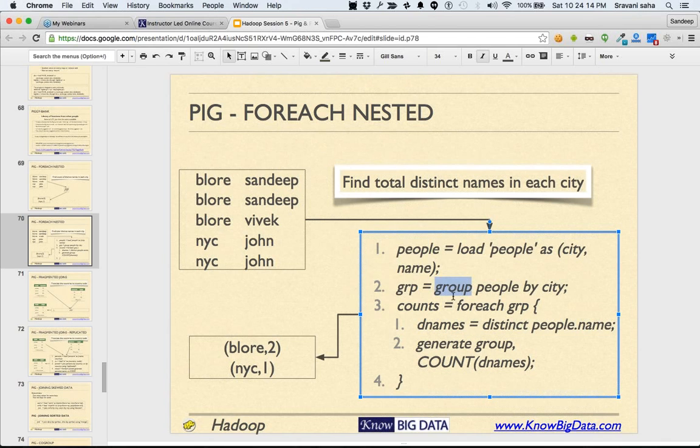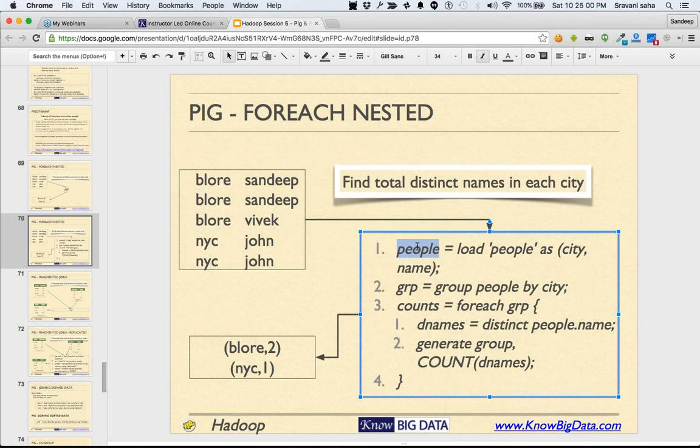Because group contains two data sets. This group is a kind of a bag of tuples where the first name is group and the second value in the tuple would be people. So if you remember our discussion earlier, when you group something, after grouping the data it creates a big bag, and this bag is made up of tuples, and tuples have two columns.